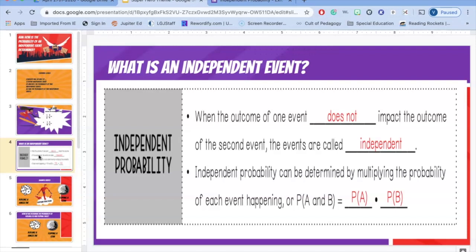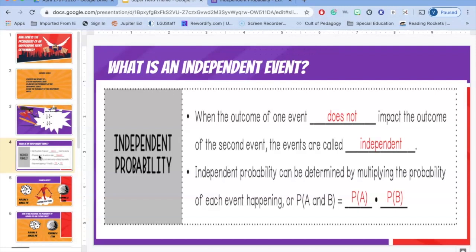Independent probability can be determined by multiplying the probability of each event happening. For example, the probability of A and B is equal to the probability of A multiplied by the probability of B.